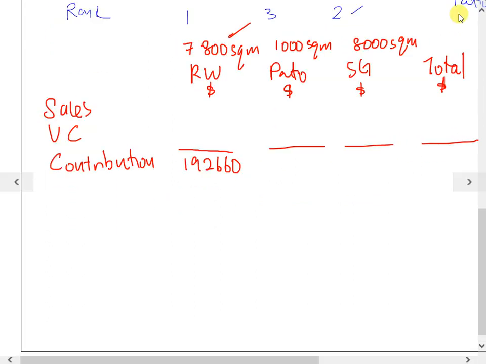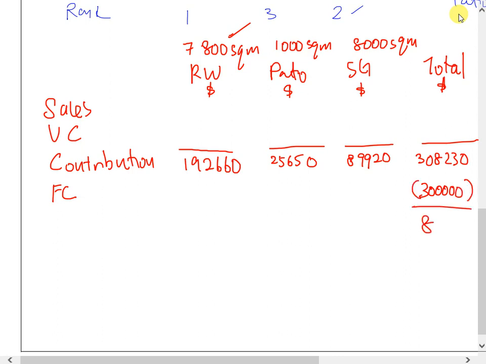This one? 25,610. 25,650. 3. Our fixed cost is 300. Done.